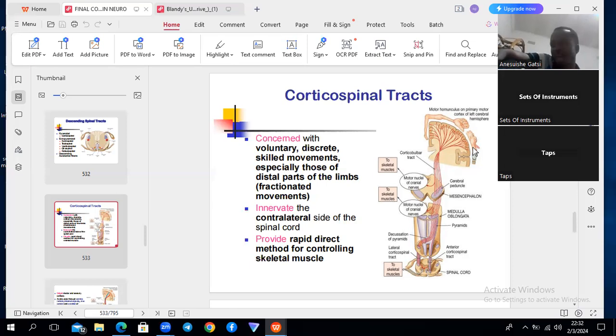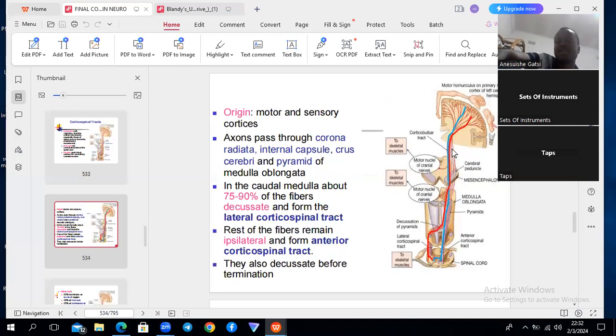This upper part here, where the cortex is showing a map of the body, something called the homunculus. You do this when you do the brain cortex, where every part of the body is mapped onto the brain. So specific fibers coming from a specific part will give fibers that are going to that specific part of the body, right?